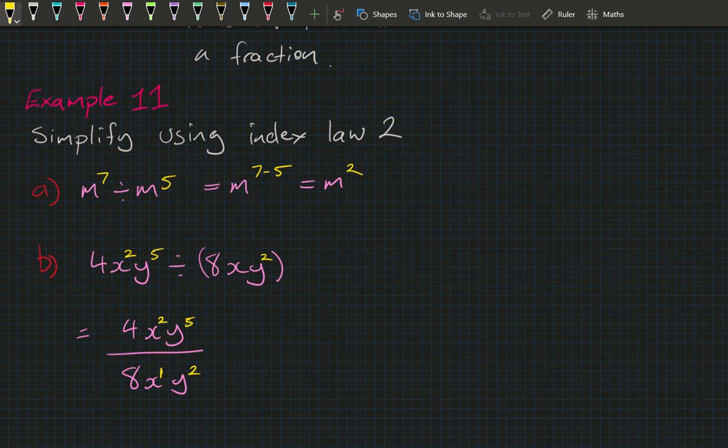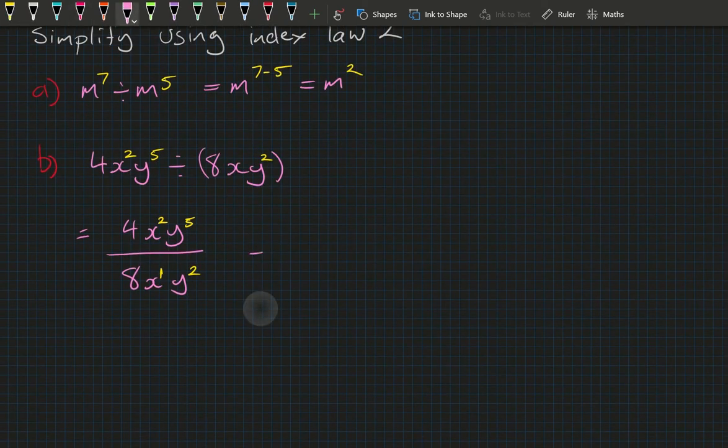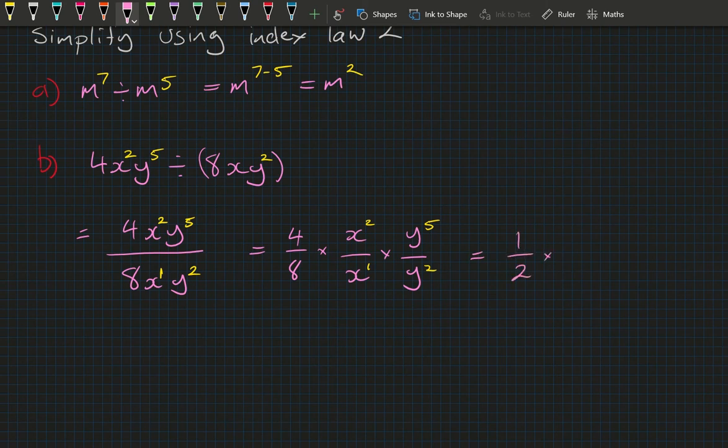This might get a little bit simpler if I separate them all into 3 different fractions of 4 over 8 times x to the 2 over x to the 1 times y to the 5 over y squared. So having them separated like this does make the fractions a lot easier, right? So 4 over 8 simplifies to a half. x squared over x to the power 1 is x to the power of 2 minus 1.